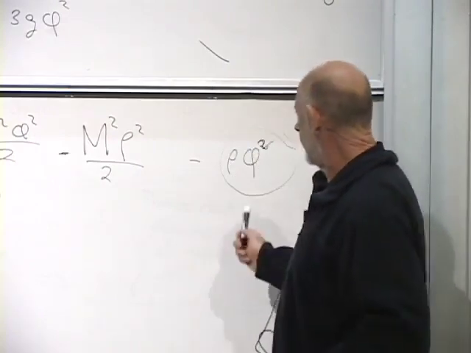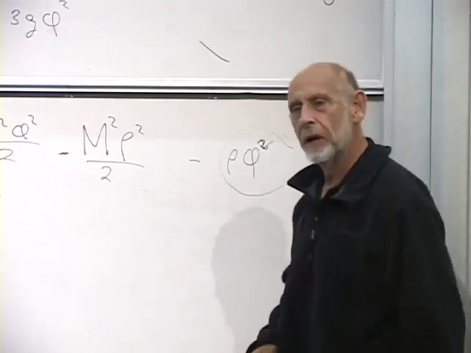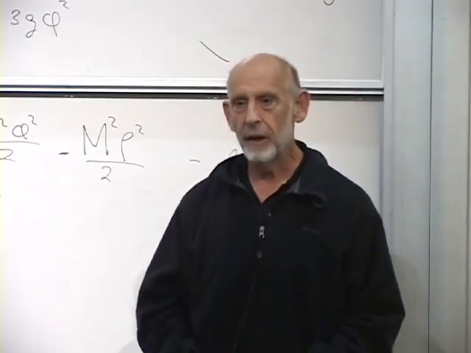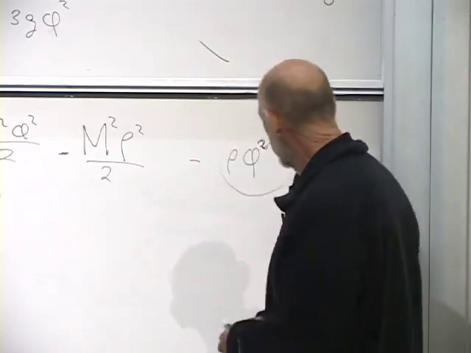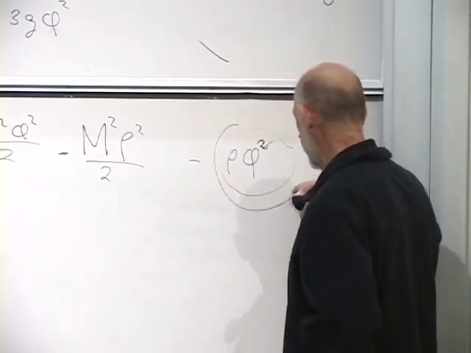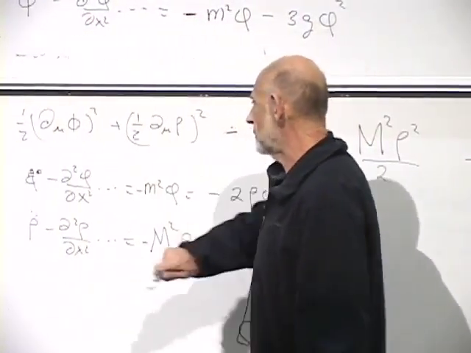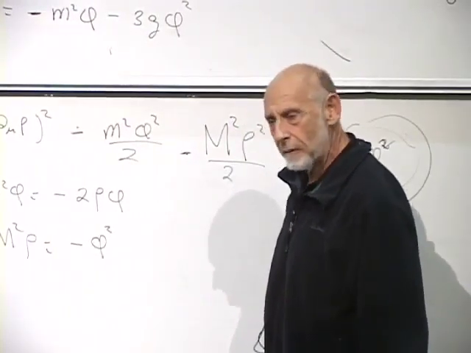So somehow the terms in the Lagrangian, like rho phi squared, are telling us something about interaction between the quanta. It's telling us that the quanta of the field scatter each other. That's what a term like this is indicating. These terms here tell us about energy and momentum. This term tells us about mass.